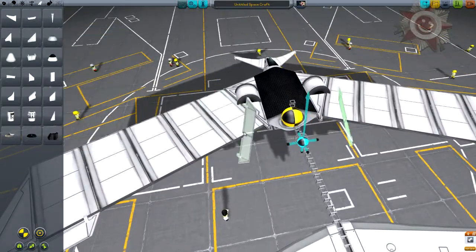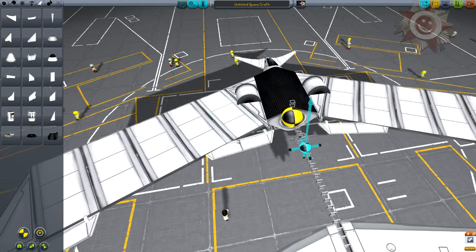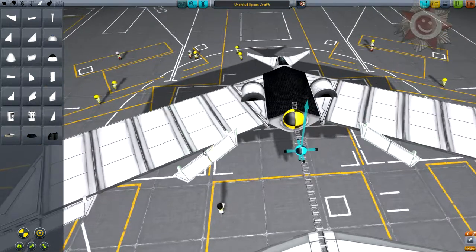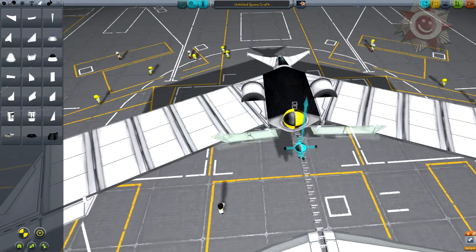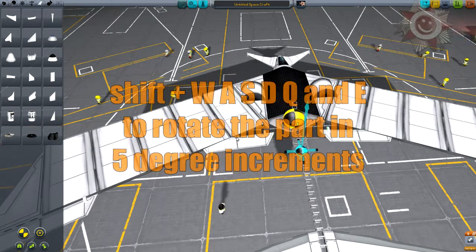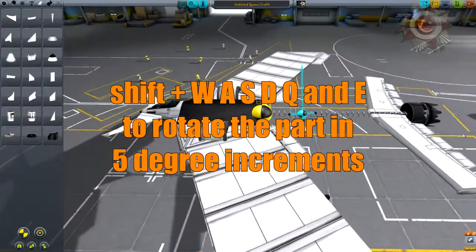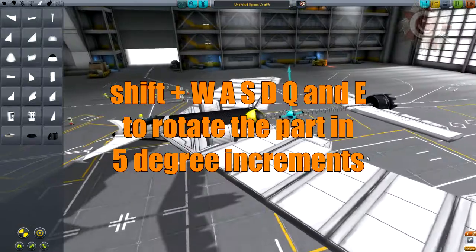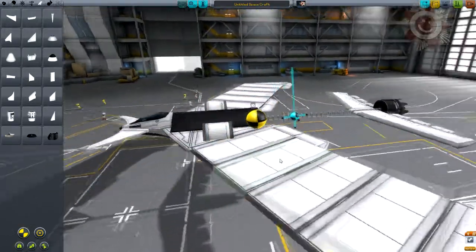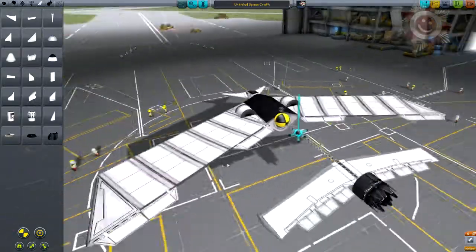Let's see if, okay, this moves it quite a bit. Rotate the part, and I think this is just about perfect.